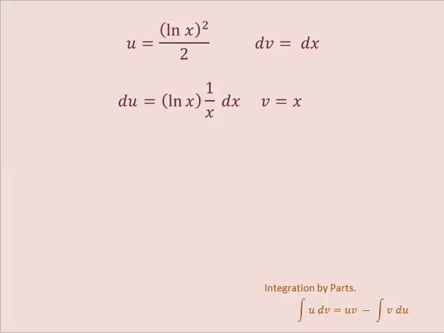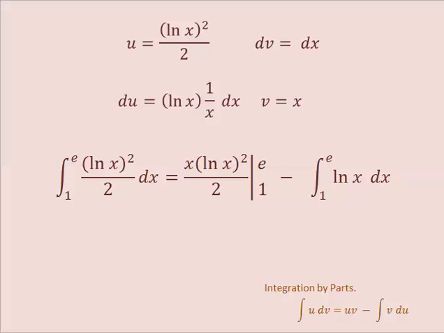If u equals ln of x quantity squared divided by 2, then du would be ln of x times the derivative of what's inside, 1 over x. So I had to use the chain rule there. And then the dv is a little bit easier. If dv is dx, then v is just equal to x. Set up your integration by parts, and then go ahead and evaluate that first piece.